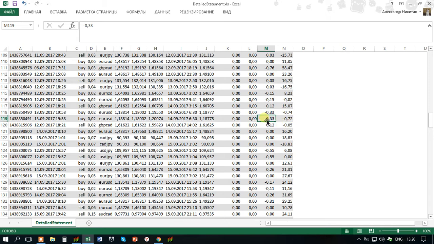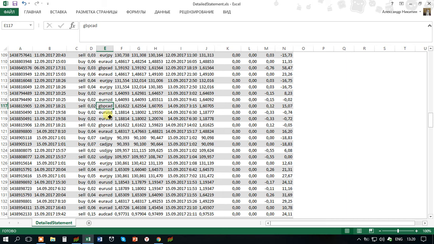So it is calculated. And as far as I remember, at night from Wednesday to Thursday, I have a double swap commission if I keep the position from Wednesday to Thursday. The swap can be either positive or negative. It depends on the interest rates.